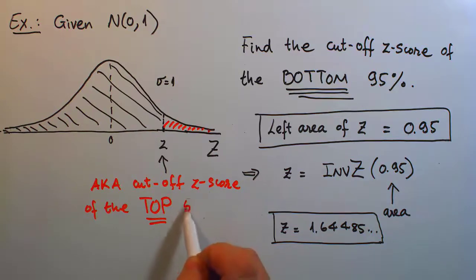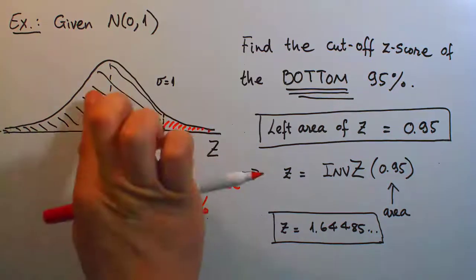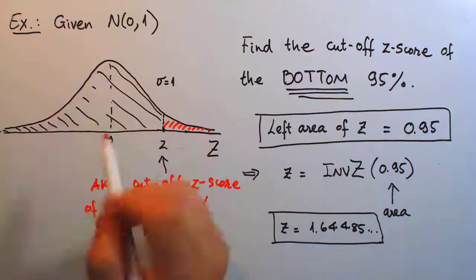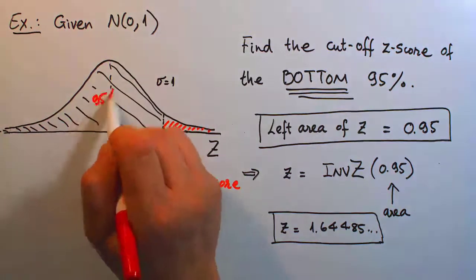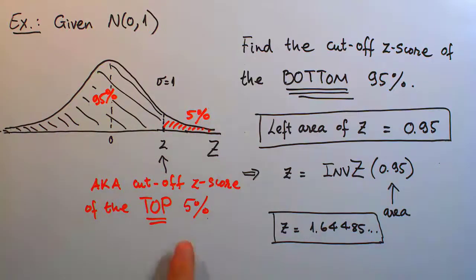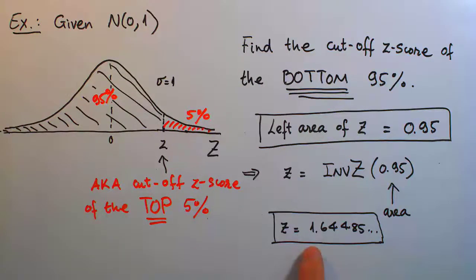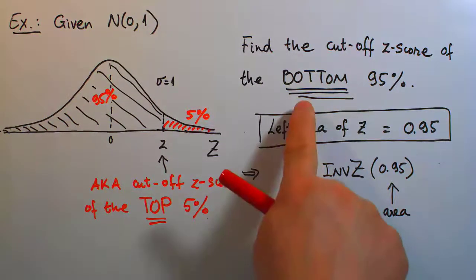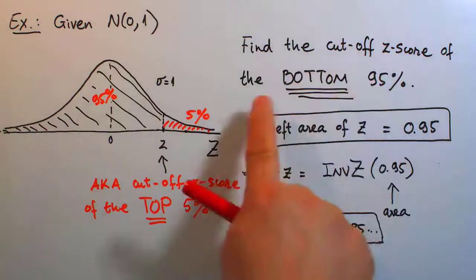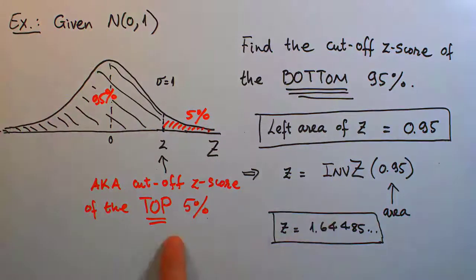The top 5%. Because it has been already 95% here, and I should have labeled that when we began the problem, but 95% is here, so it makes sense that this is the remaining 5%. So it's also the same. This value we just found, z-score equals 1.64485. We call that the cutoff z-score of the bottom 95%, but here it's also known as the cutoff z-score of the top 5%.